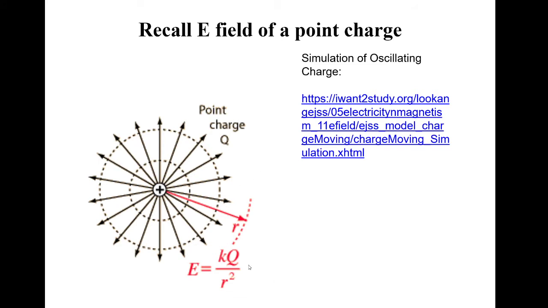Okay, now this graphic is for a stationary charge. So what if we moved this charge, okay? So what if we oscillated this charge back and forth? And this is essentially what is happening in an alternating current.